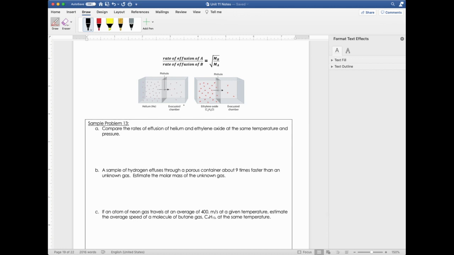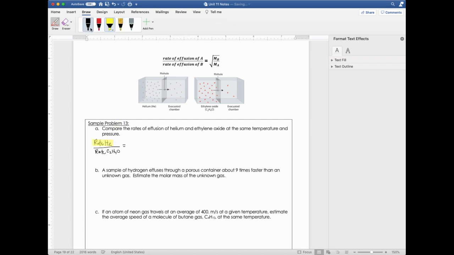The way I like to solve these problems, I always put the compound that has the lower molar mass as the rate part of my equation. So I'm going to say the rate of helium over the rate of ethylene oxide, which is C2H4O. Because helium has the lower molar mass, that's why I like to put this one on top.